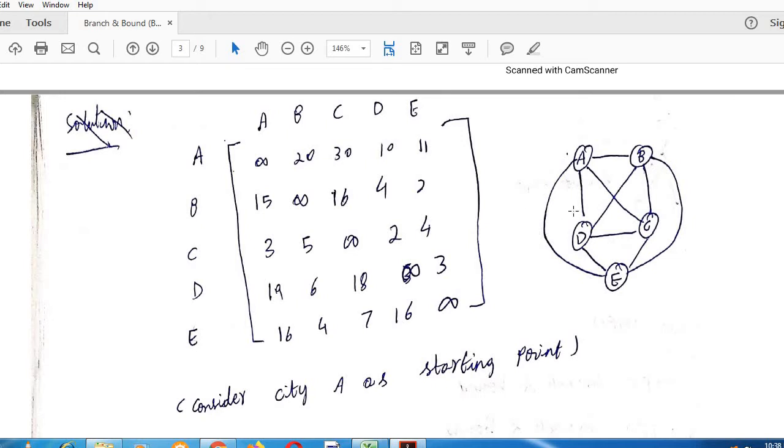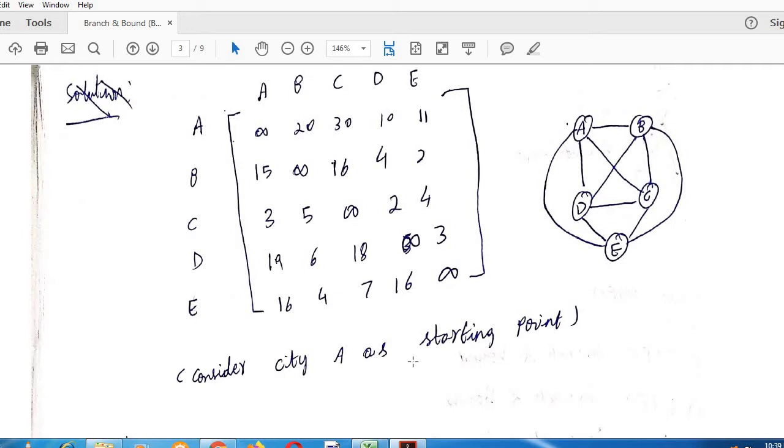As I was telling, here we are given a cost adjacency matrix. The cost of traveling from each and every city has been assigned in the cost adjacency matrix.